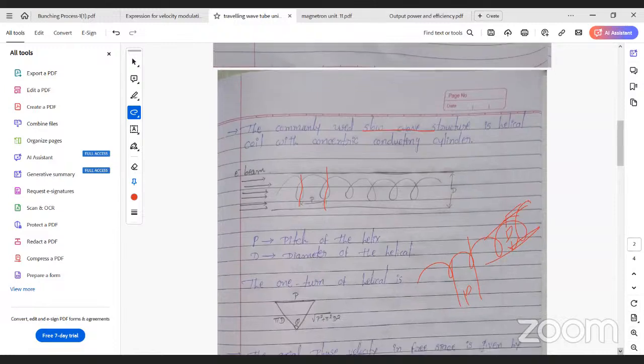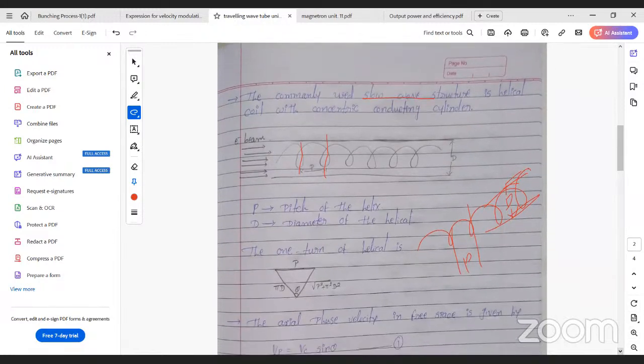Here I am considering only one part, which I am drawing in a triangular shape. In the triangular shape, P is the pitch, and the other side is pi D, with D the diameter. Using the Pythagoras theorem, I am writing P squared plus pi squared D squared. This is the diagram for any one turn.